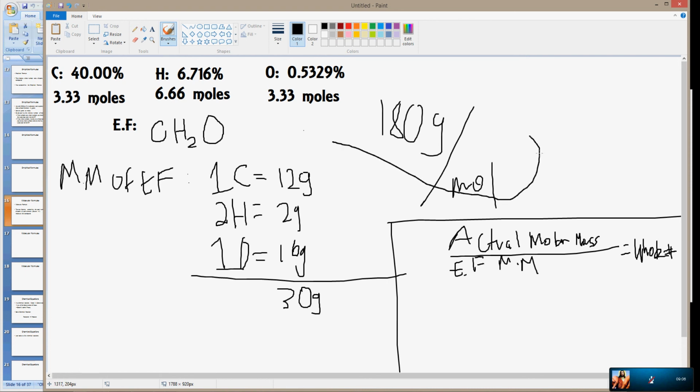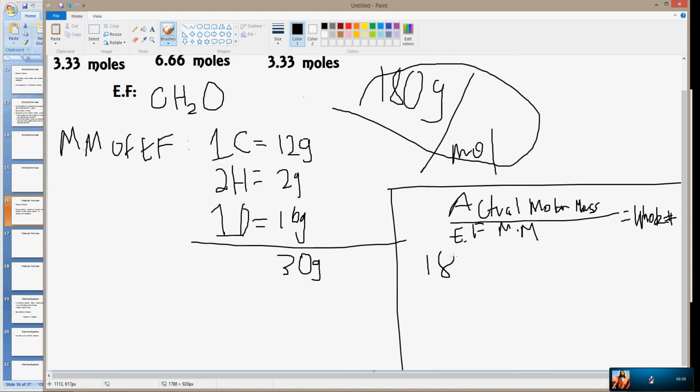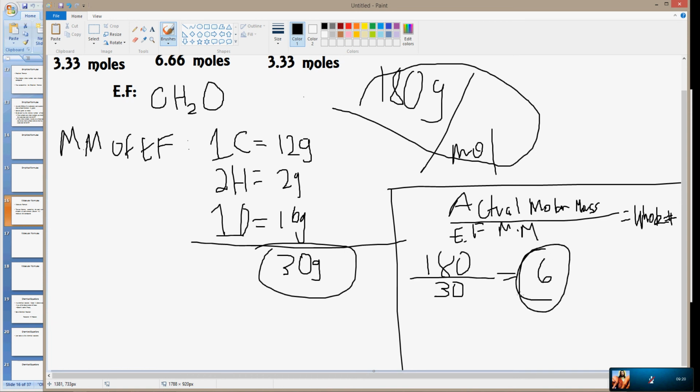So for this problem, you take the actual one that they gave us, 180. Divide that by 30, the one we calculated for the empirical formula, and that equals 6. Now you take this number, 6, and go to the empirical formula that you found at the very beginning, and multiply it by the subscripts.